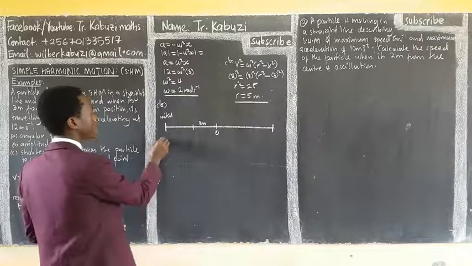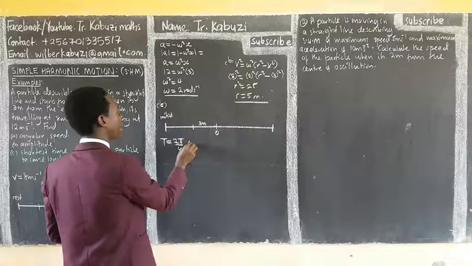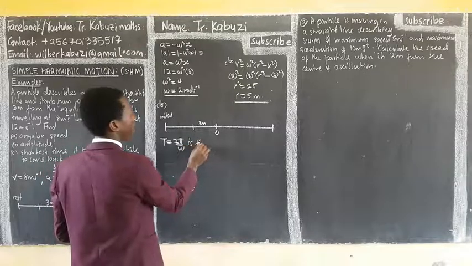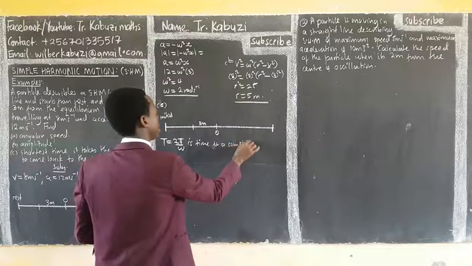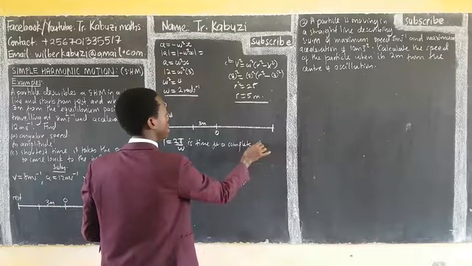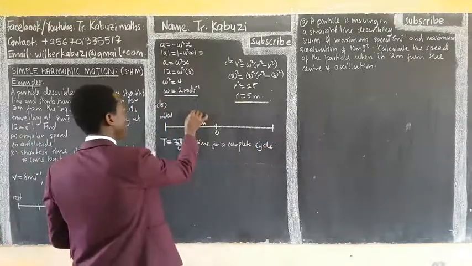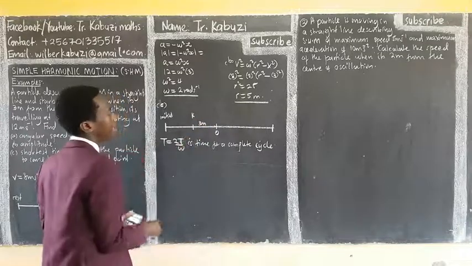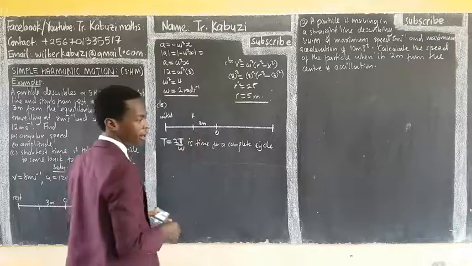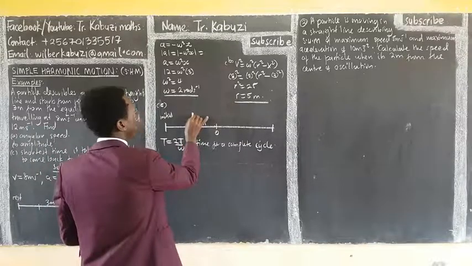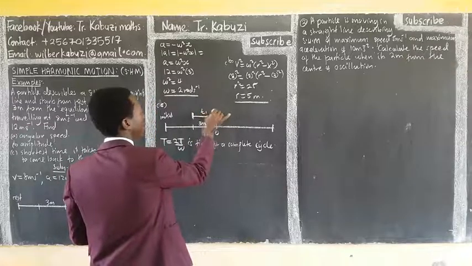So T equals 2 pi over omega, is the time for a complete cycle. Then let me say from here, let me write it properly, going from here up to there, to cover that distance here, let me call it T1.